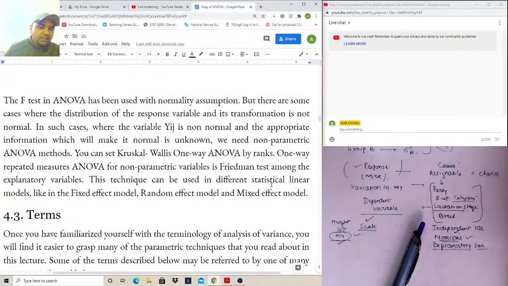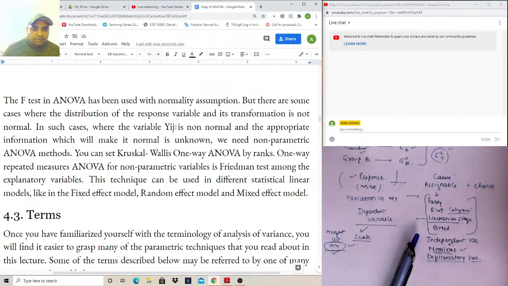Now the F test in ANOVA has been used with a normality assumption. But there are some cases when the distribution of the response variable and its transformation is not normal. In such cases, the response variable, say Yij, is actually not normal, and the appropriate transformation which will make it normal is unknown.